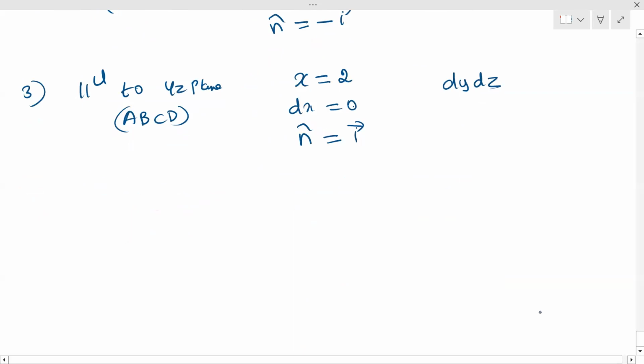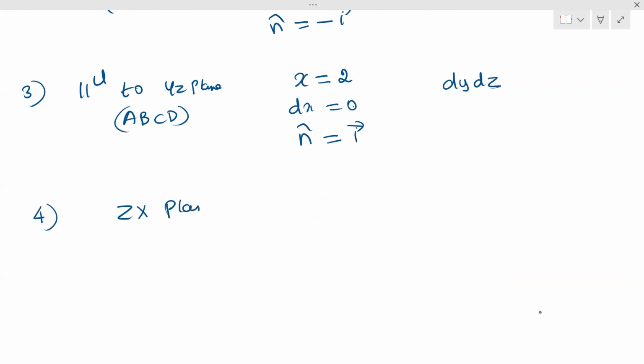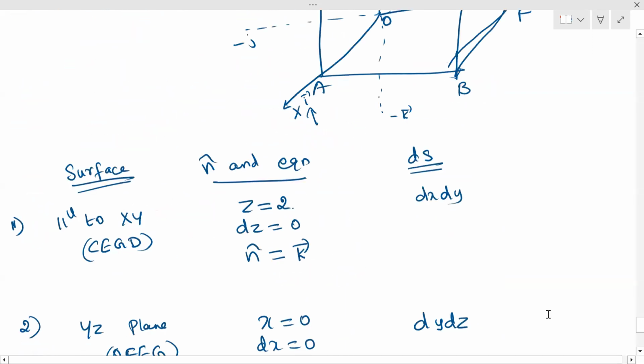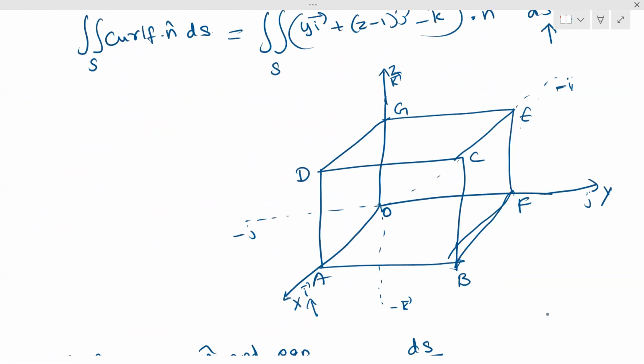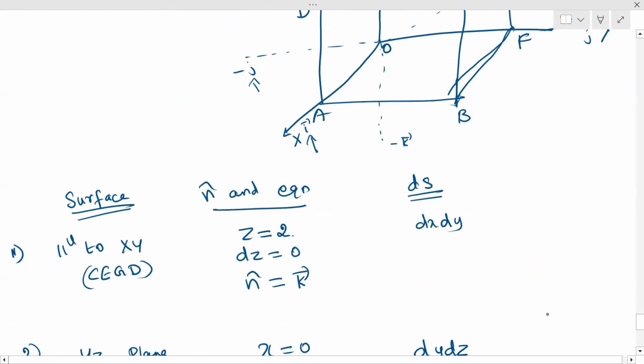Then the fourth one. What about the fourth one? The ZX plane. The ZX plane is this one, OADG. In the ZX plane, what is the equation? y equal to 0, and the unit outward normal vector is minus j.